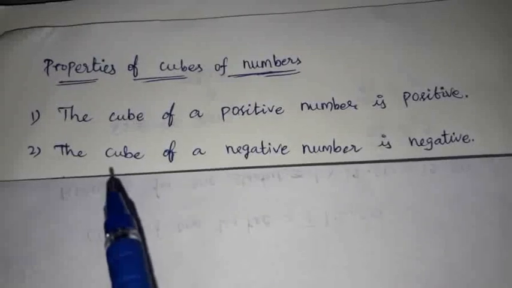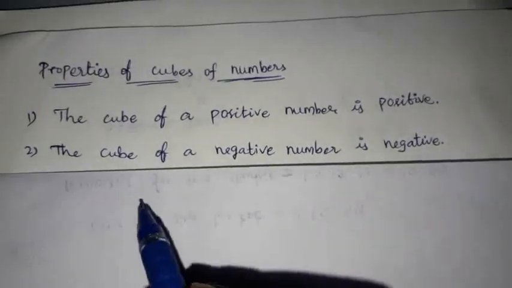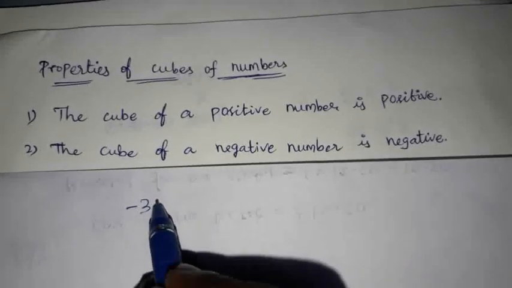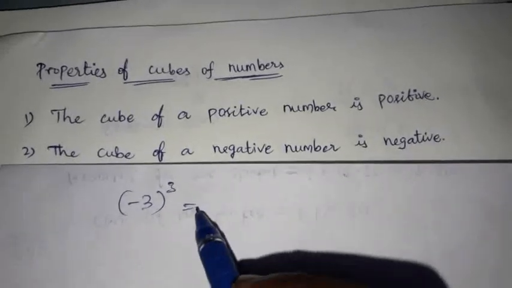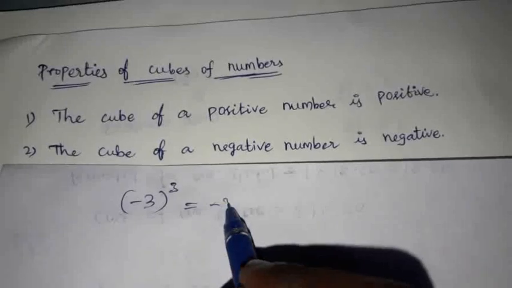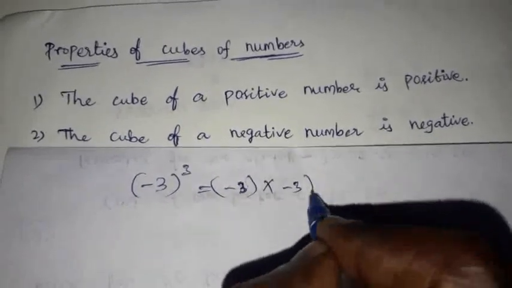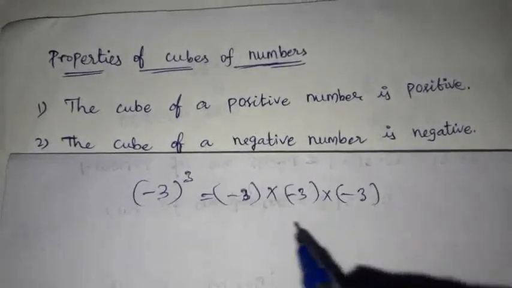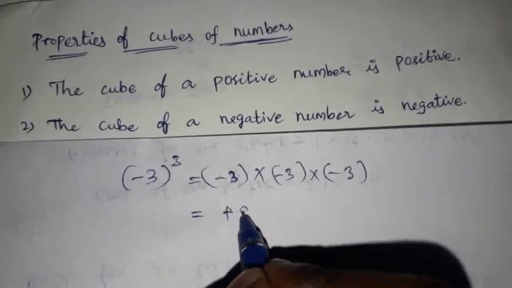The second property is the cube of a negative number is always negative. Let us see the example. If we take a number minus 3, we are going to find its cube. Minus 3 cube can be written as minus 3 into minus 3 into minus 3. Minus into minus equal to plus. 3 threes are 9.